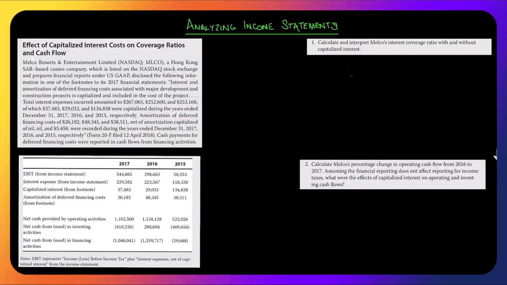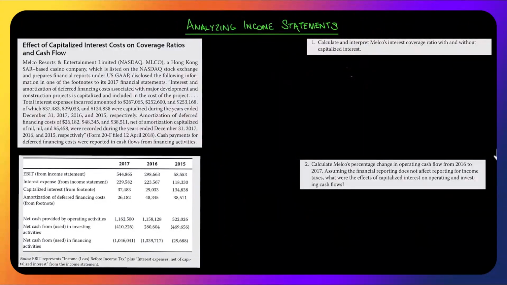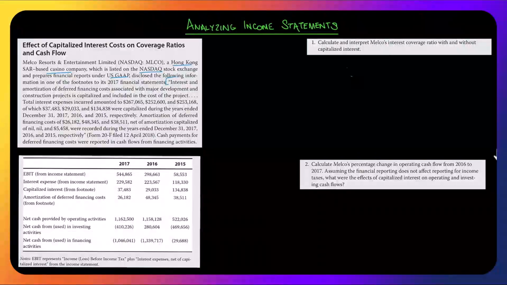Here we have Melco Resorts. We have some not too interesting information about where it's from. It's a casino company. It's on NASDAQ. It's US GAAP. All we're interested in are these disclosures starting here. Interest and amortization of deferred financing costs associated with major development and construction projects is capitalized and included in the cost of the project. We have the figures.